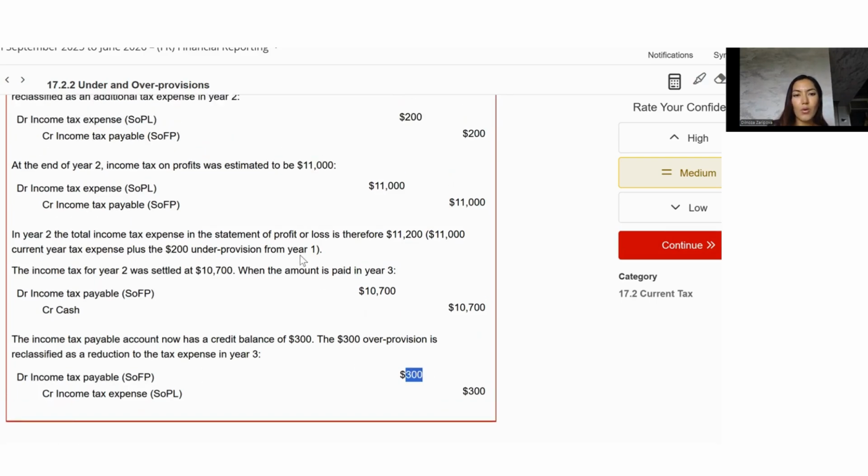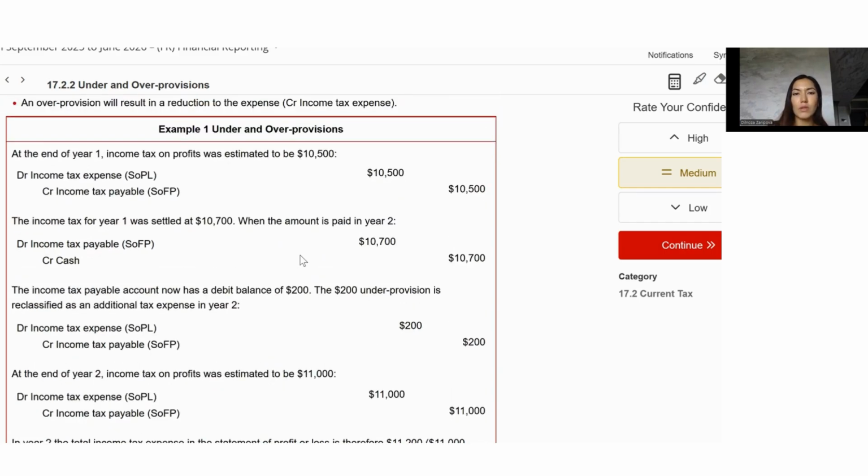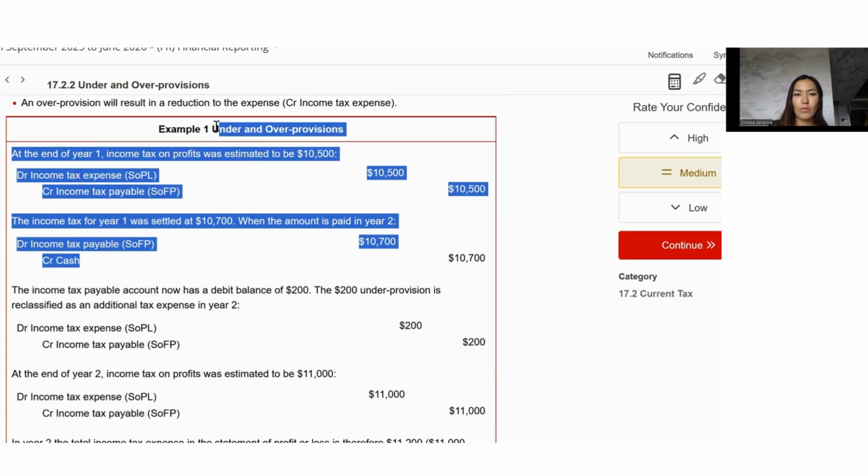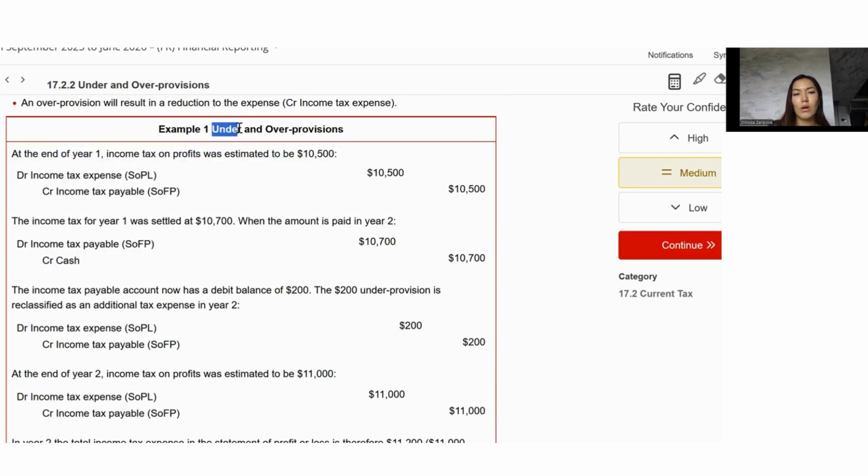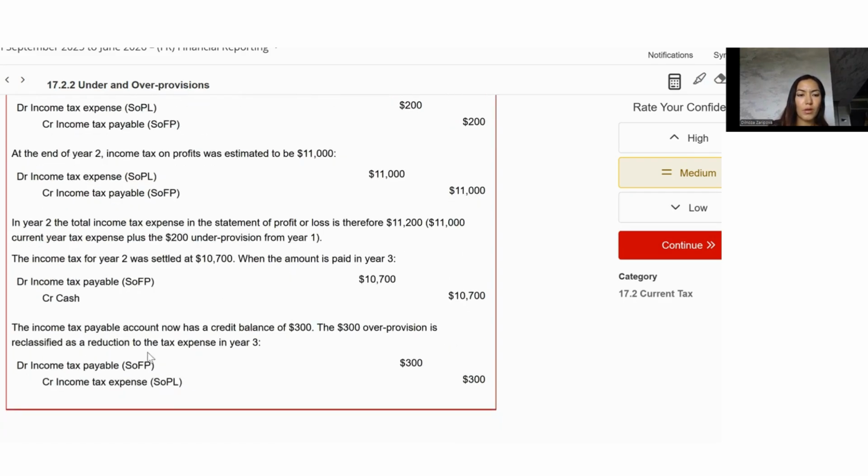So this is how it works. You always have estimate and final numbers, under and over provisions. If you have under, then you need to charge more. If you have over, then you need to decrease the income tax expense. Okay.